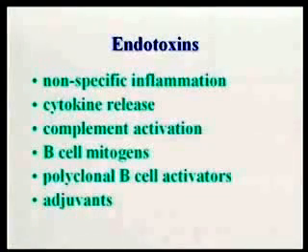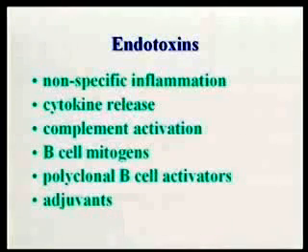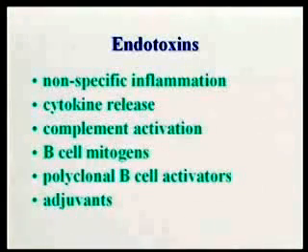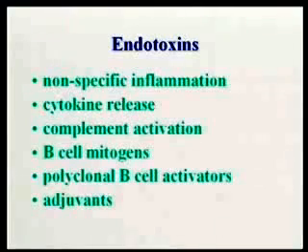Presumably we have been exposed to gram-negative bacteria for a long, long time, and it is our immune system's job to see these bacteria and deal with them. Well, it doesn't always work. Sometimes the organisms grow quite well anyway, and they start producing lots of endotoxins, or lots of endotoxins are released in the process.